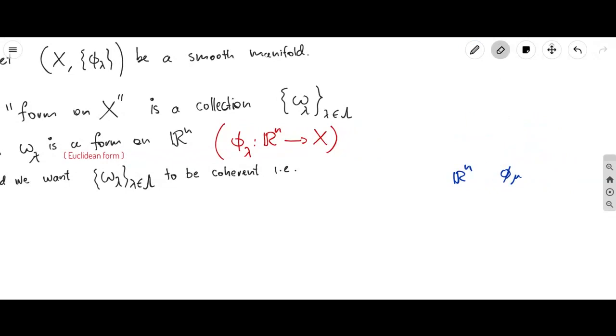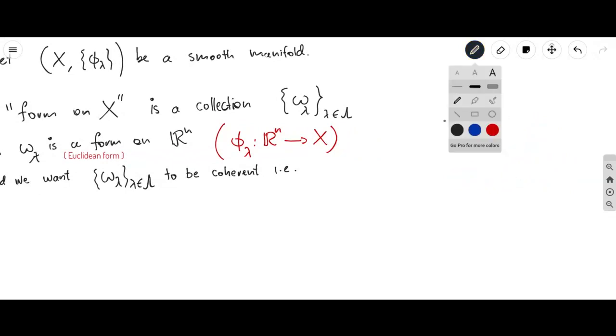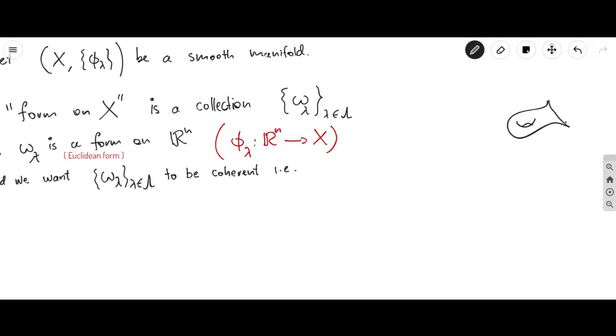Maybe I should actually draw a picture here. So let's say this is our manifold. And Rn, this is Rn, is being mapped by phi lambda onto a piece. And we have another one, Rn, being mapped onto another piece.